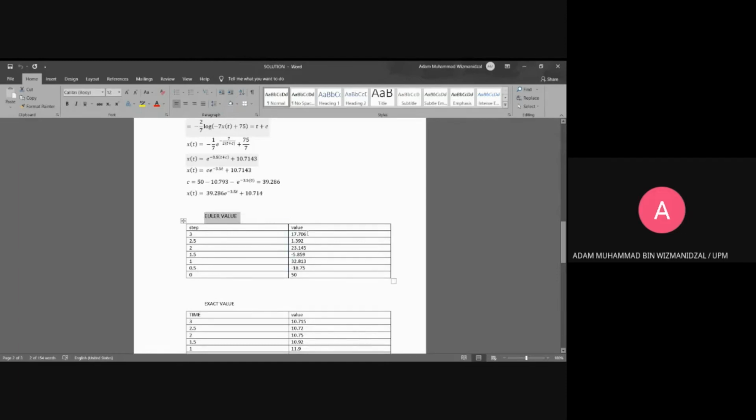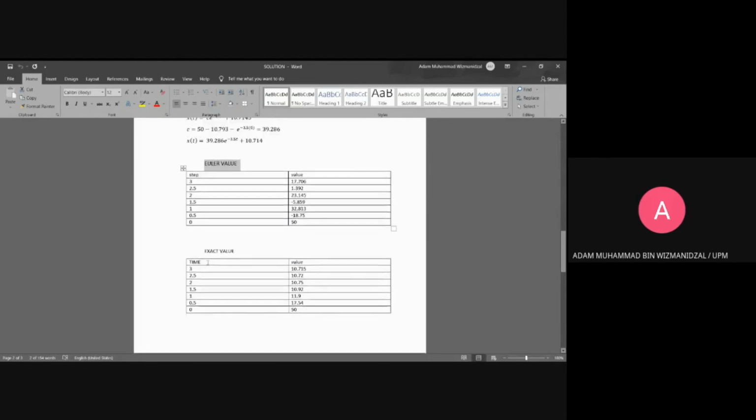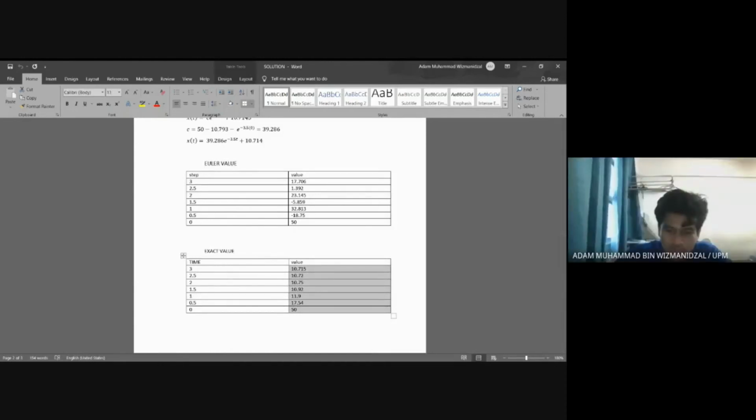So this is all the value from 0 until the third minute, and this is the exact value from 0 minute to 3 minute. So the next presenter will continue presenting.